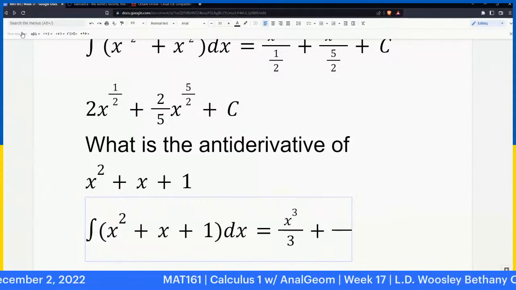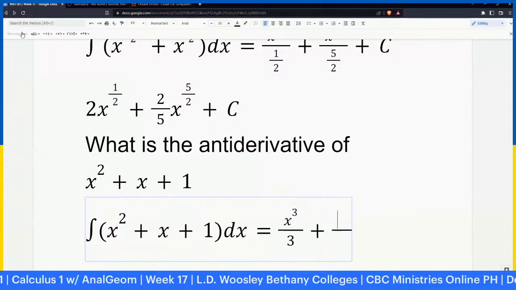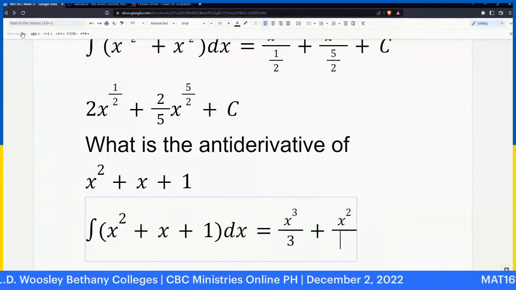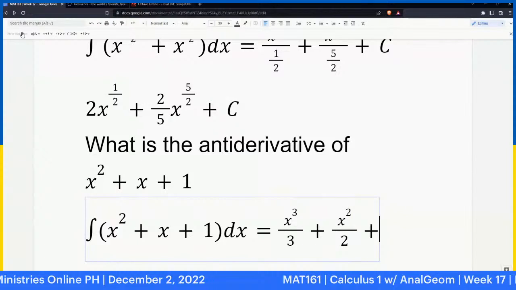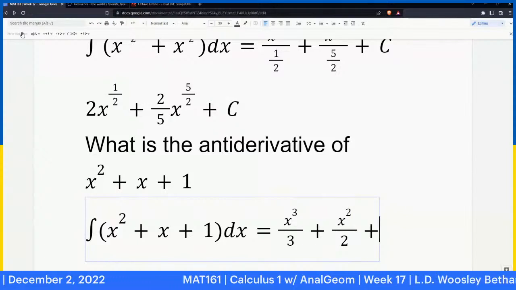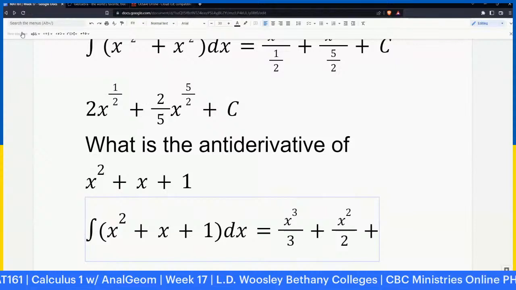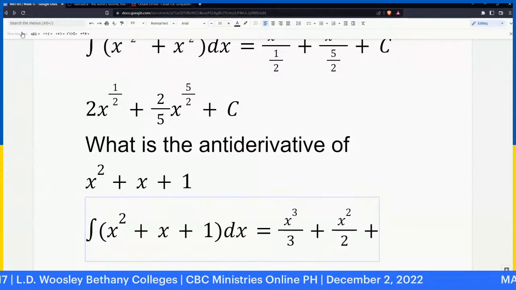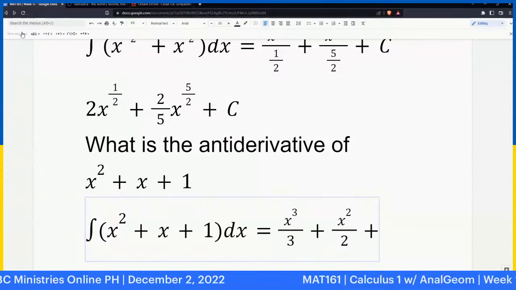Tama? X squared over 2 po. Yun, x squared over 2 plus integral of dx. What's the answer?